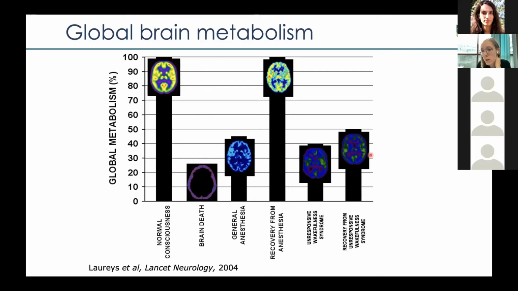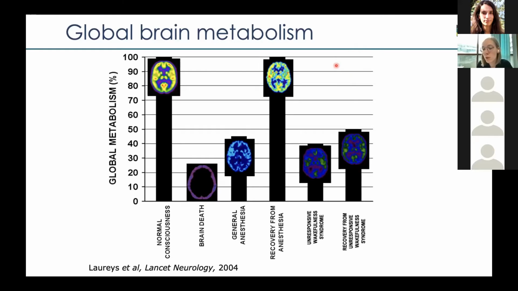So this is a patient that is now in the minimally conscious state. And as the name implies, the patient shows some minimal signs of conscious behavior, for example, visual pursuit or response to command. But we do not really see this huge increase in global glucose uptake; it is localized in a specific network that is important for consciousness.